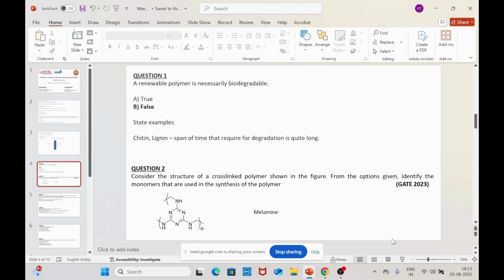This is the GATE 2023 question. So then, what could be the other one? I gave one. It has two monomers.